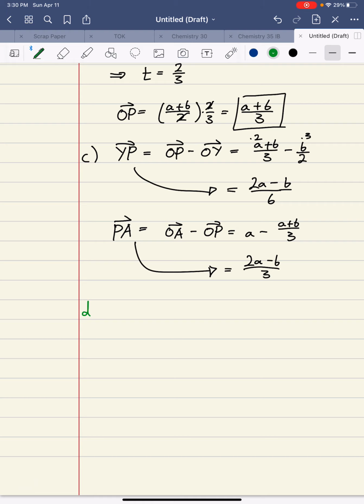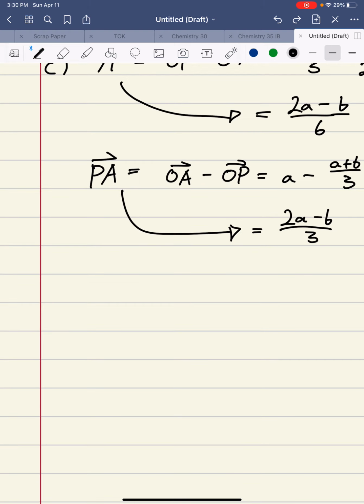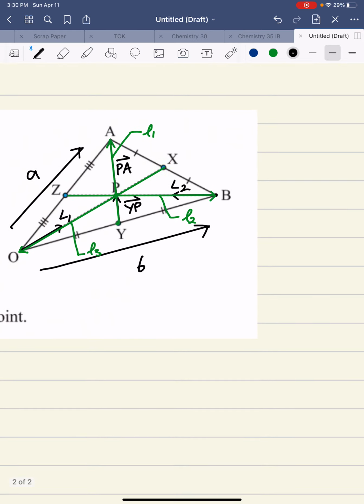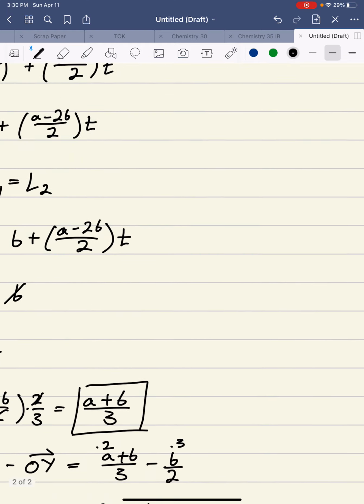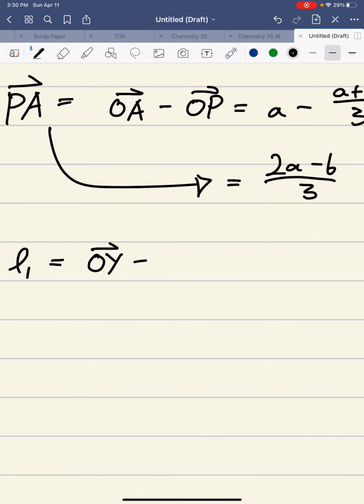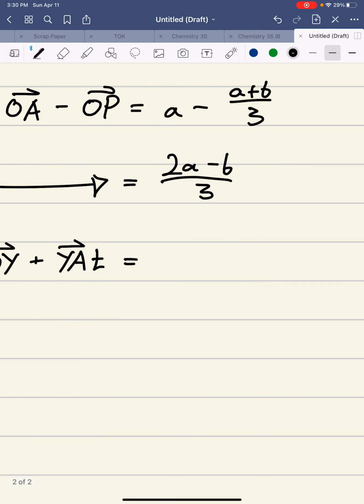So for question D here, our first line is equal to, for simplicity's sake, OY plus YA times t, and that's really just b over 2.